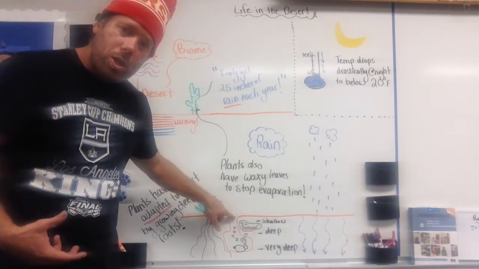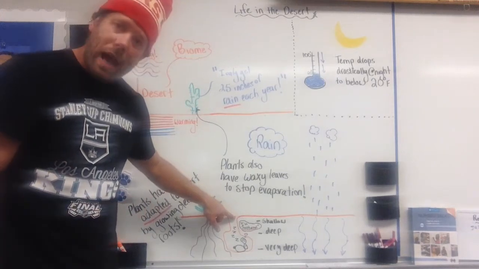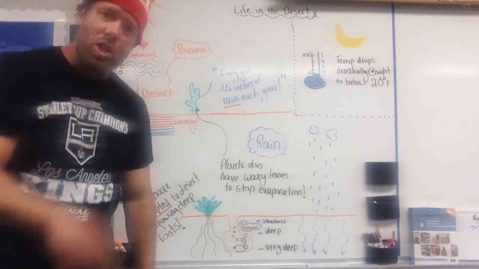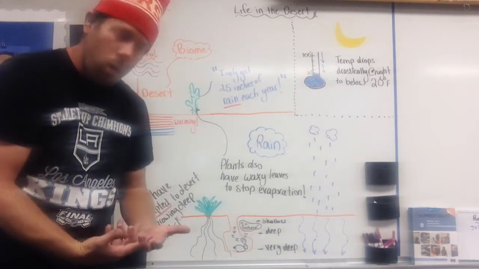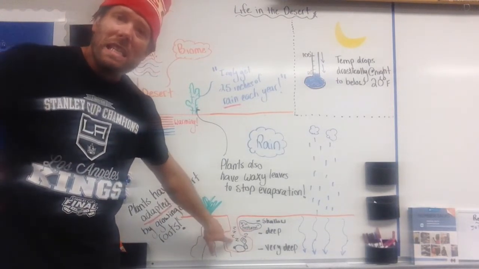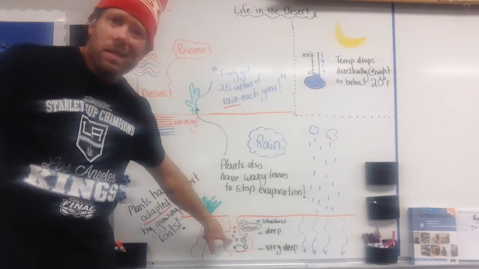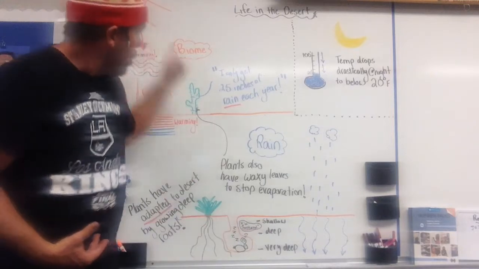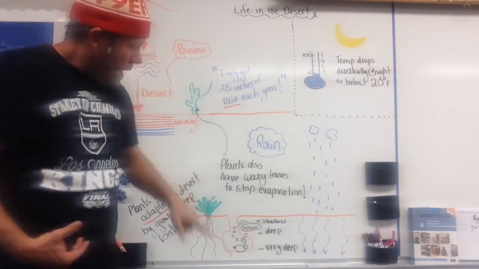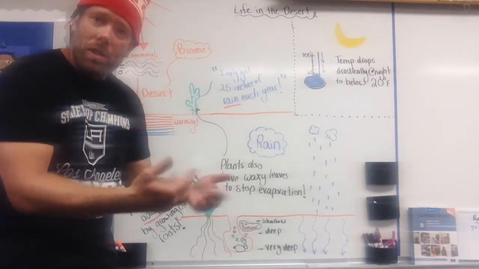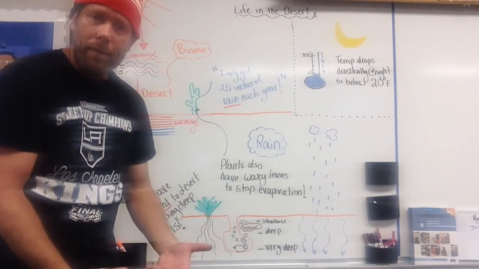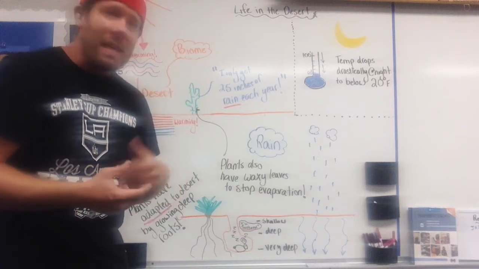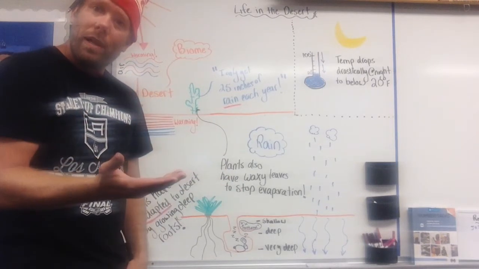Another adaptation that animals have in a desert biome is that they're nocturnal. We've talked about this a little bit in chapter 1, lesson 1. Nocturnal animals sleep during the day. Because it's so hot, they don't want to go outside. So they sleep during the day when it's super hot, and then at night, they come out and do their hunting and their living. Mostly people and animals sleep during the night and go out during the day.